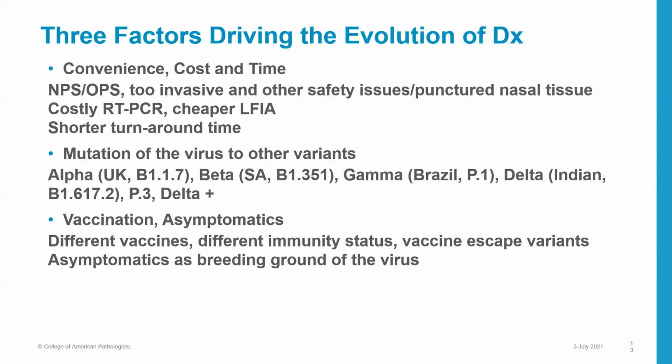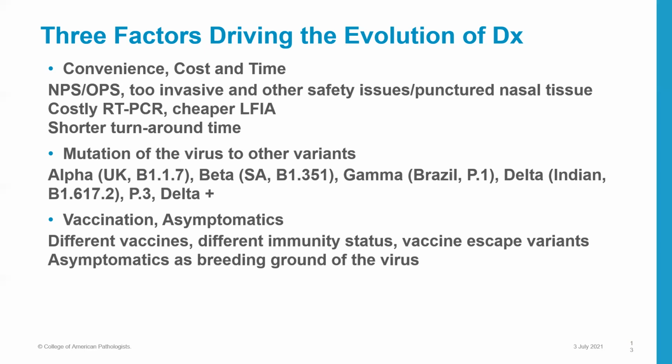And then the other factor is the vaccination and the asymptomatics, because as we know, different vaccines result in different immunity status, and there are possible vaccine escape variants, like what happened in South Africa, where AstraZeneca decided to stop because the beta variant showed some resistance in those that were vaccinated.